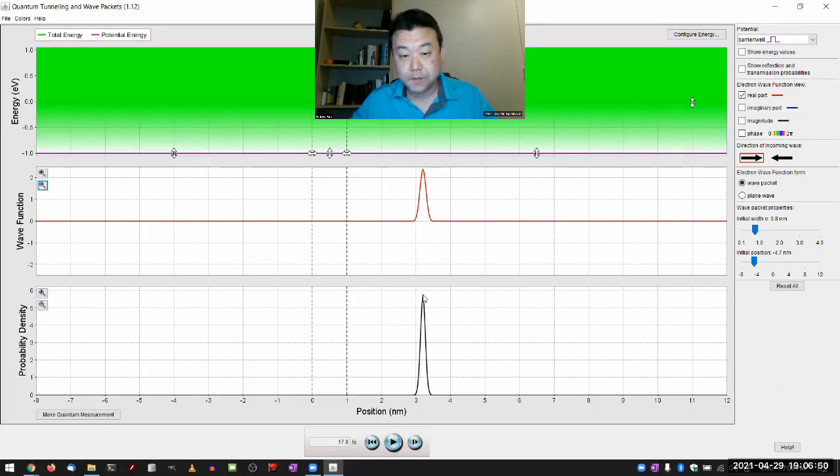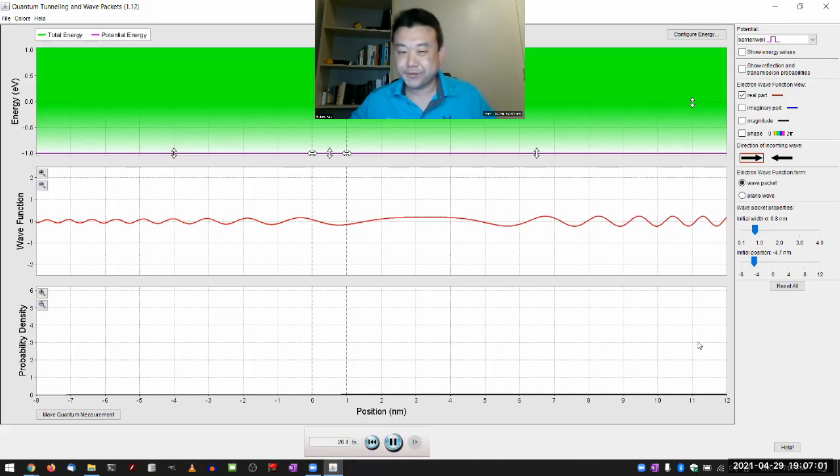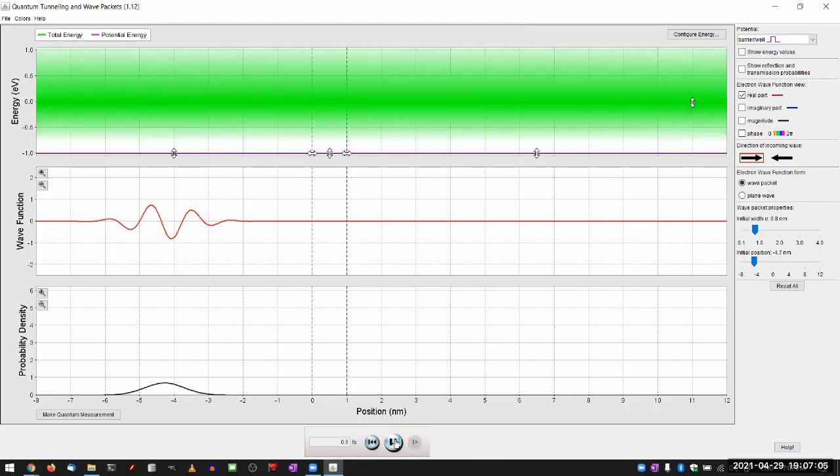This collapsed wave function has such large uncertainty in momentum that when I let the time flow, some part of the particle is actually moving the other way from its original direction. And stochastic means random. So it's really random.